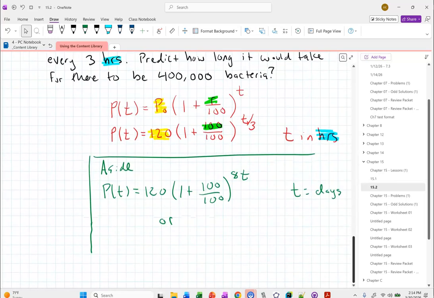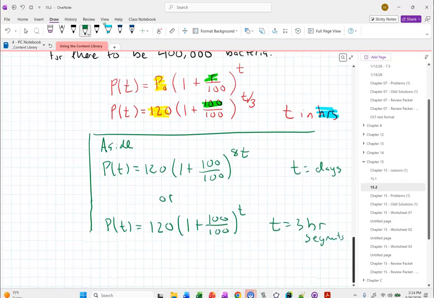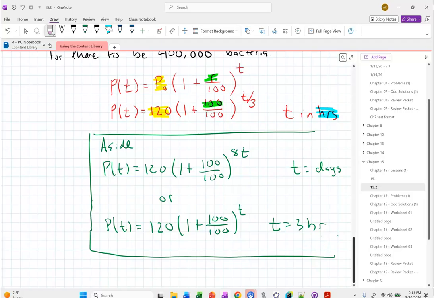Or if you wanted to be really obtuse about it, you could write it this way. You could just write it to the T and say that T is just measured in 3-hour intervals. And you could keep doing this for whatever unit of time you wanted to use.